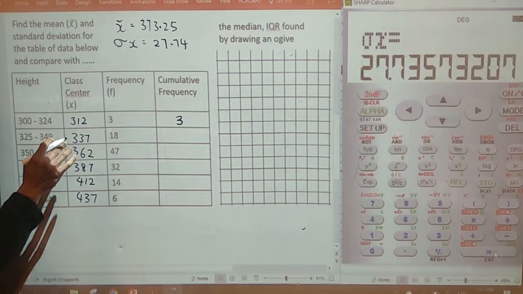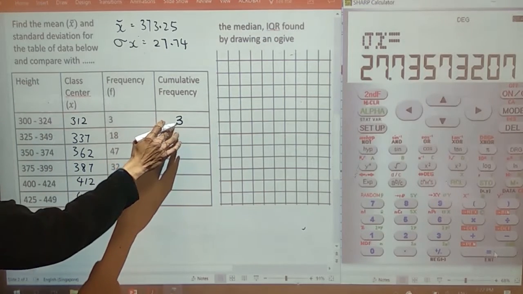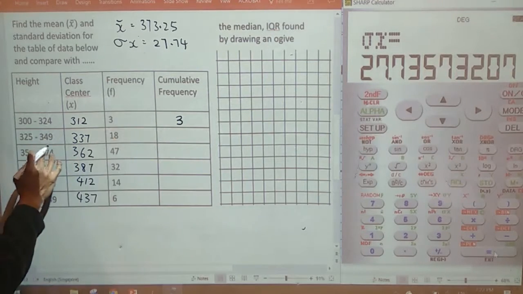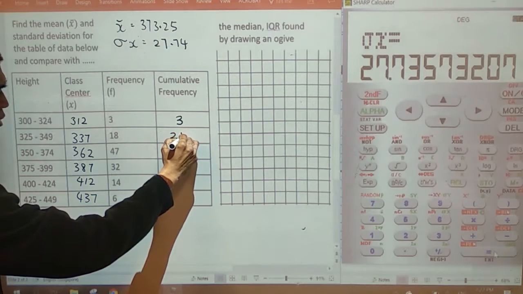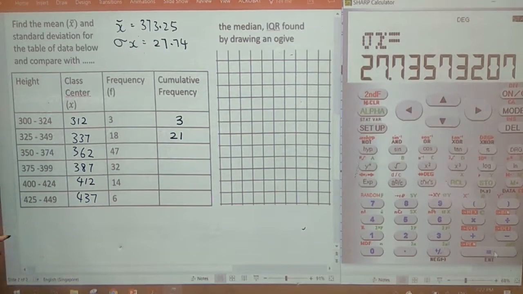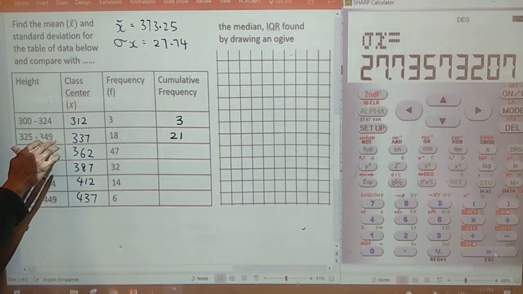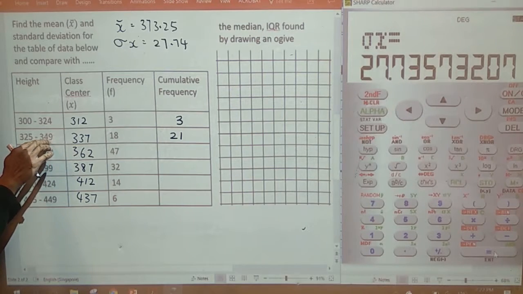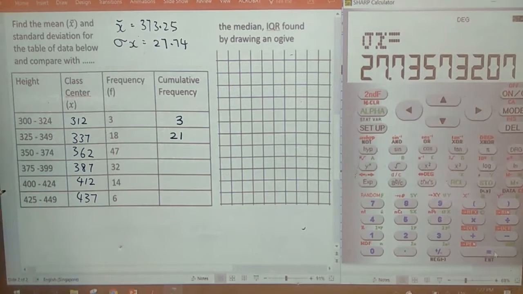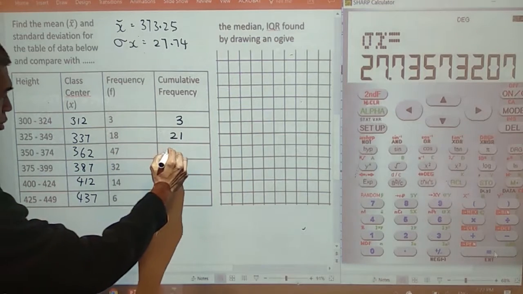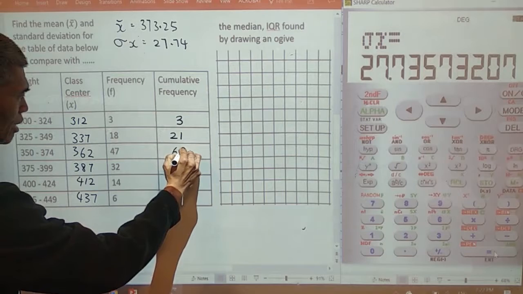And if we combine 3 and 18 together, we would have 21 values that are equal to or less than 349. And then we're going to add 21 to 47. That will give us 68.